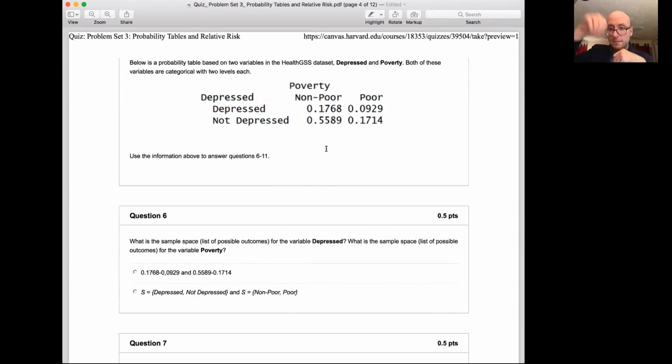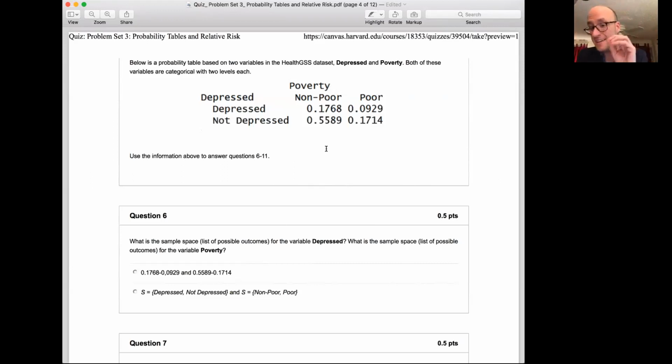Now if I were to pluck randomly from the sample, what's the least likely group? Well, about 9% of the time I'll get a poor and depressed person, if I pluck randomly with replacement, I just take a person out and put them back in.